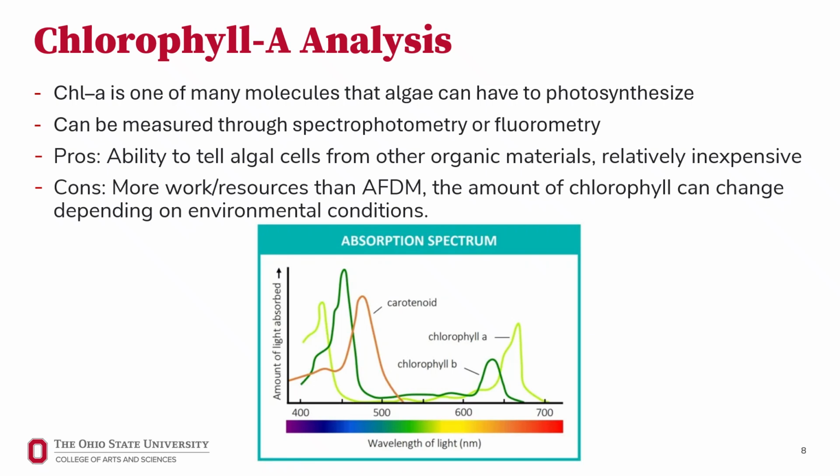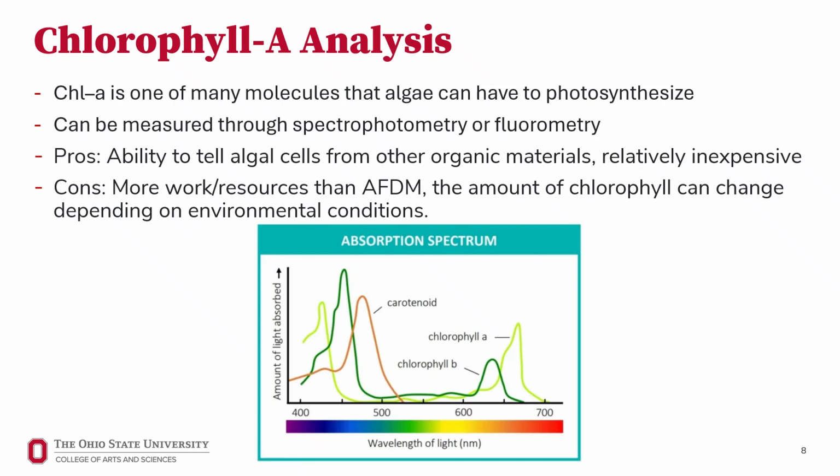Some of the strengths of this technique include that it is relatively inexpensive and that you have the ability to tell algal cells apart from other organic materials, such as bacteria or fungi, which do not produce chlorophylls. However, this technique is more difficult and uses more resources than ash-free dry mass.